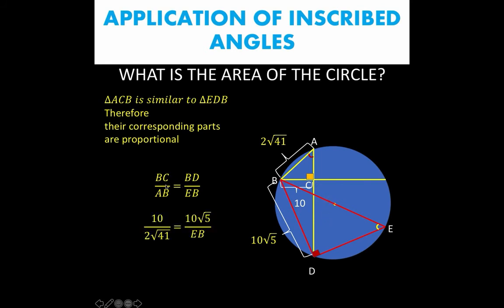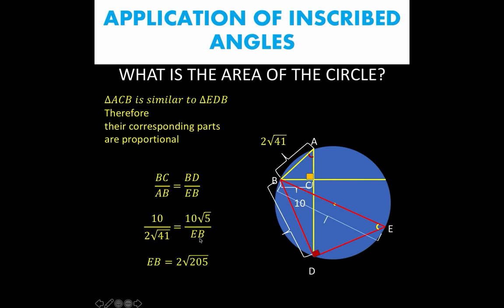But we know that the measure of side BC is 10 units, the measure of side BA is 2 square root of 41, and the measure of side BD is 10 square root of 5. All of these measurements were computed from our previous slides, but we do not know the measure of side EB, and side EB is a diameter of our circle O.